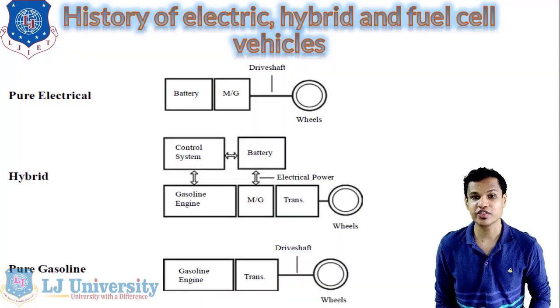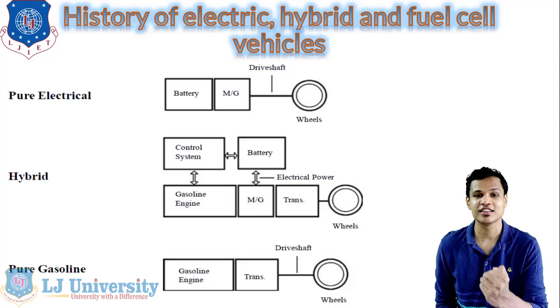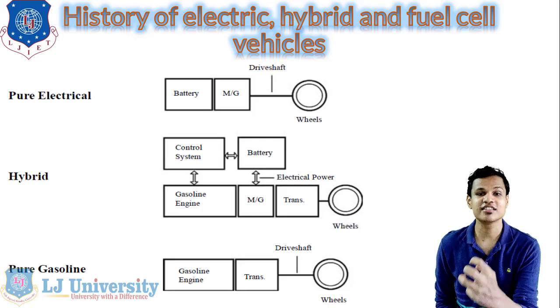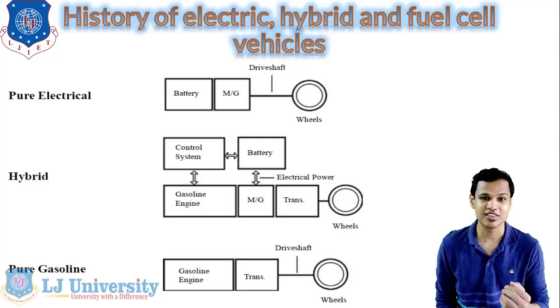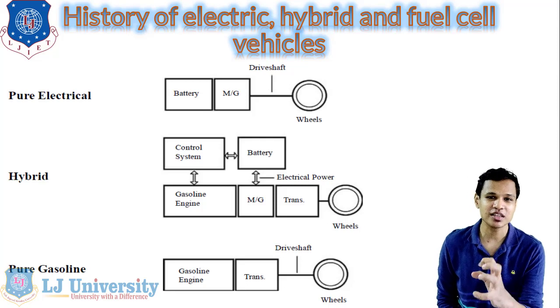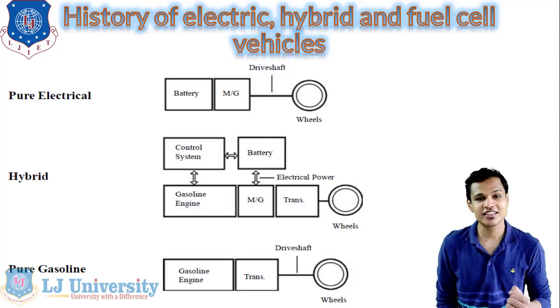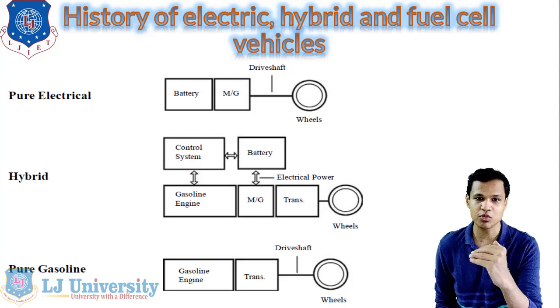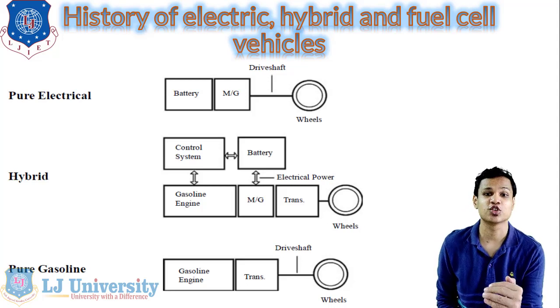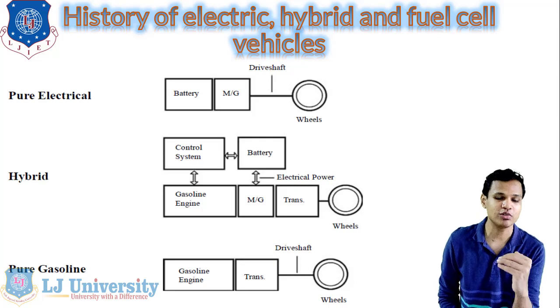First, the history of the electric, hybrid and fuel cell vehicles. First, we will see how the vehicle works. Basically a simple schematic structure that you can see right now on the screen. The first is at the most bottom, that is the pure gasoline, which means the pure petrol vehicle.